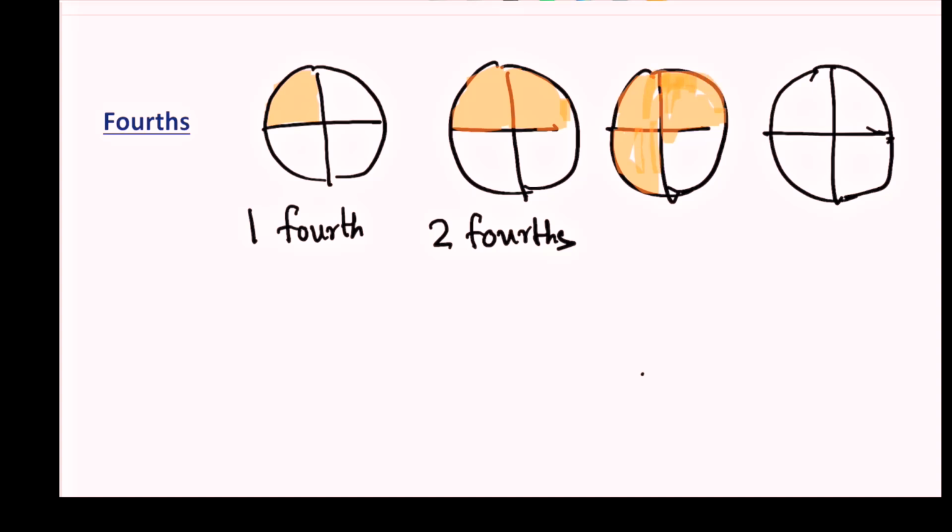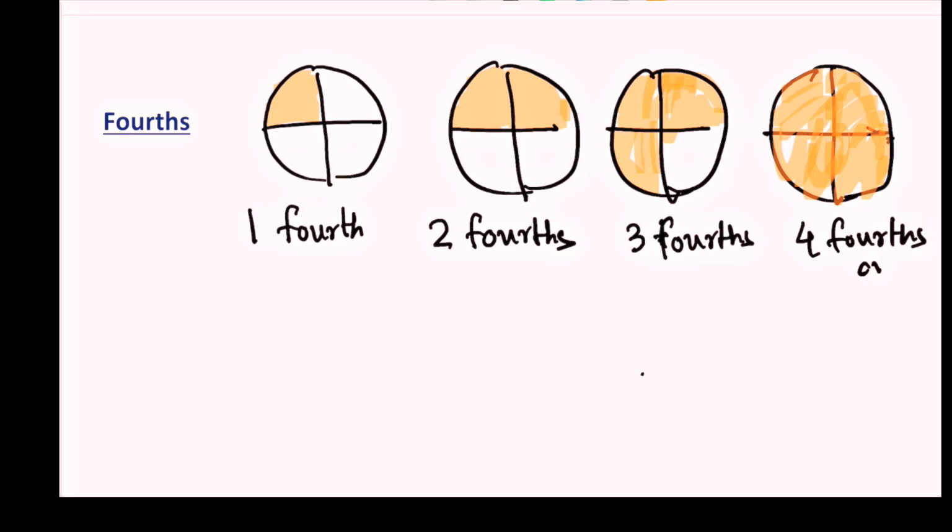That means I shade 3/4. Fourth circle, I'm coloring all four equal parts. So I can say I shade 4/4 or one whole.